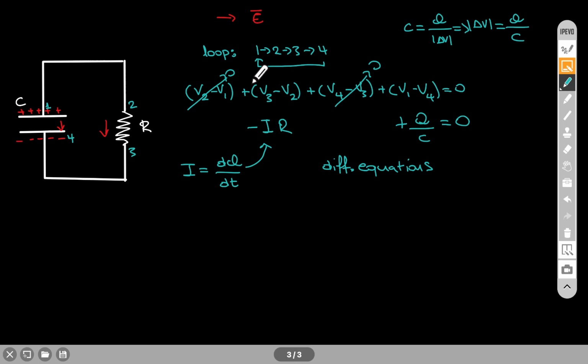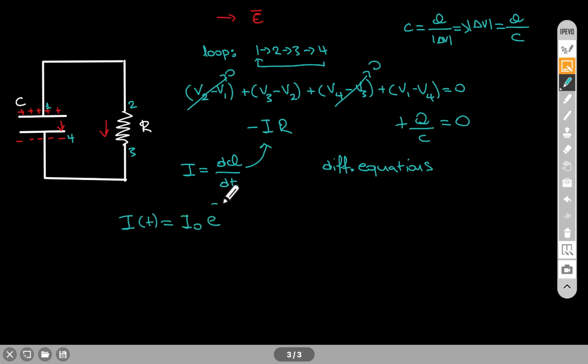I use the physics ideas that you have learned so far, like Kirchhoff's loop rule, potential difference across the ohmic resistor, the definition of the capacitance, and then I need to do some math that is more complicated for introductory physics than what we would like. So I skip that part and then we obtain the expression for the current as a function of time.